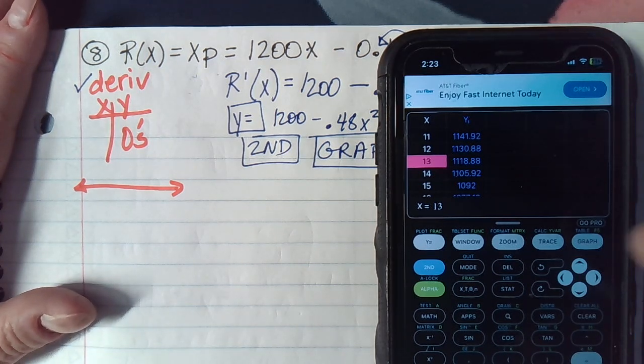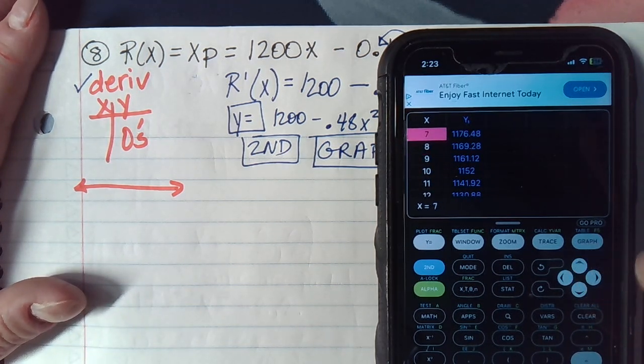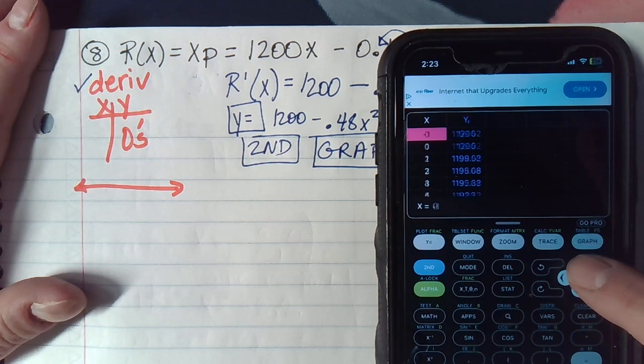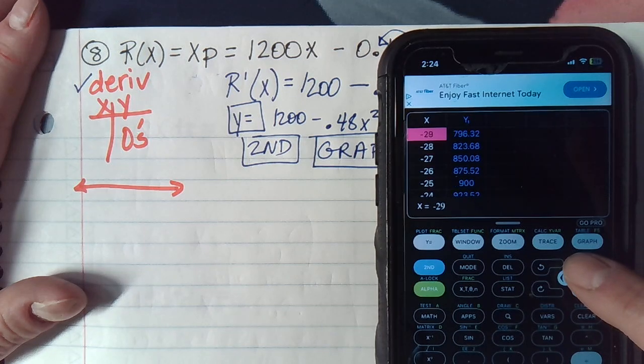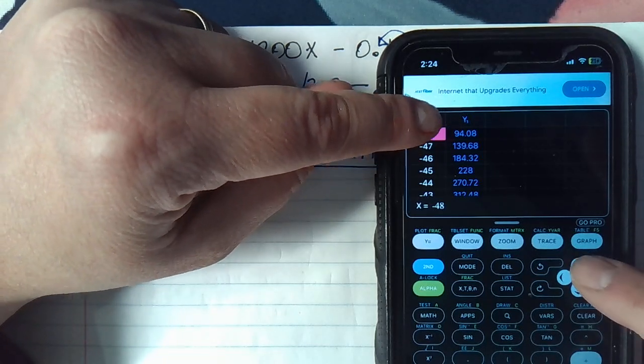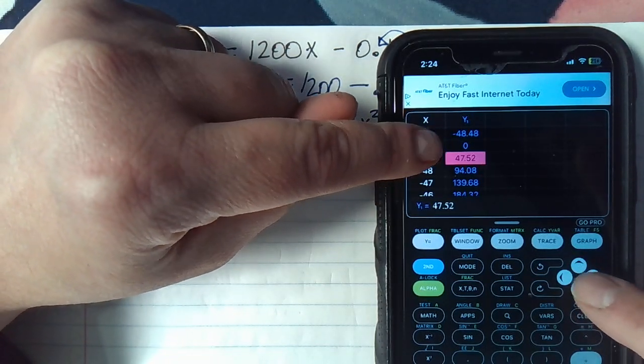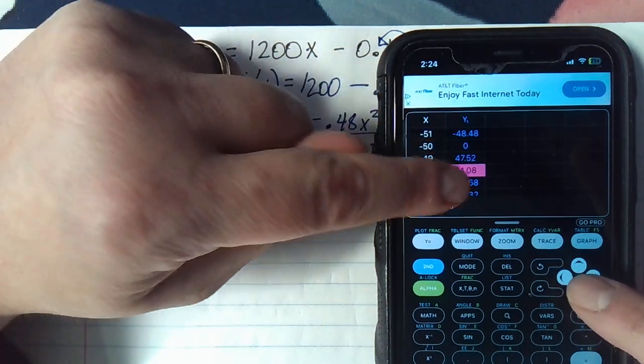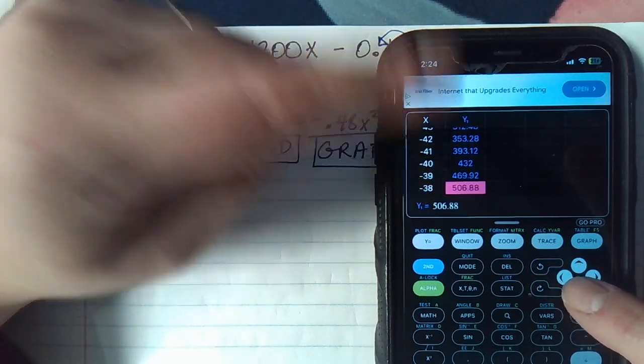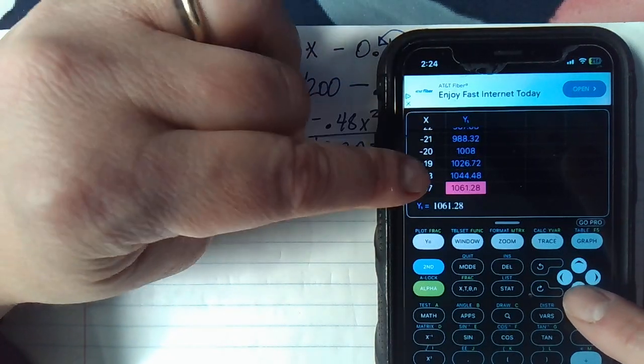And we're going to look for zeros. Ooh, my y values are getting close to 0. Oh, there it is, negative 50. Okay, so we got a 0 at negative 50. Let's see if I can find, there might be another 0. Let's keep going in the positive direction. Look at your y values.